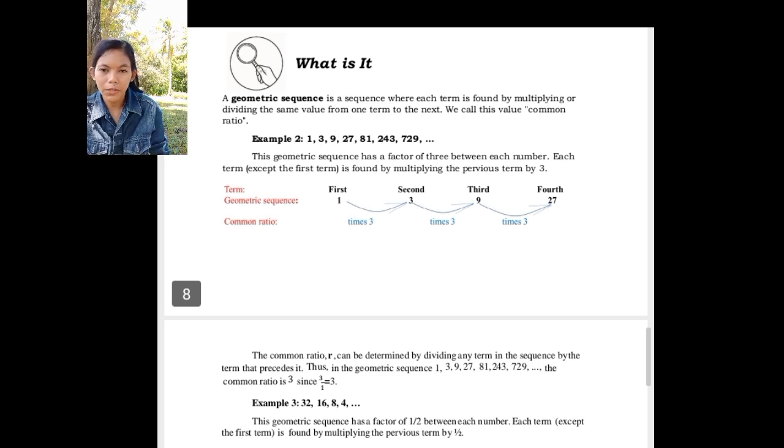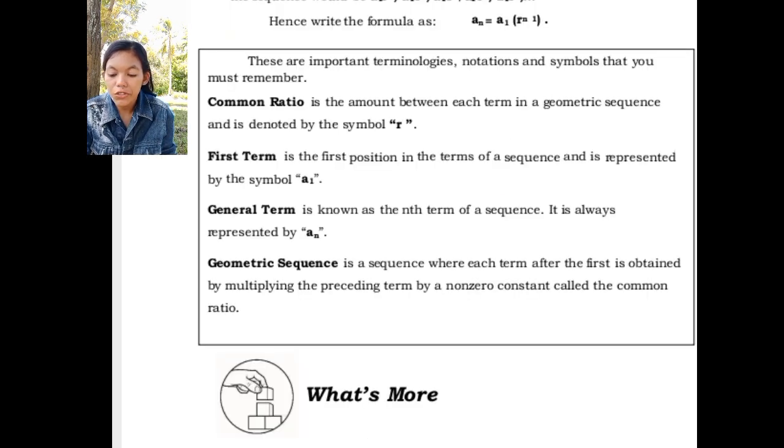Common ratio. Very good. So it's related to arithmetic; they are similar, just adding there and multiplying here, common ratio and common difference. So there are important terminologies, notation, and symbols that you must remember.